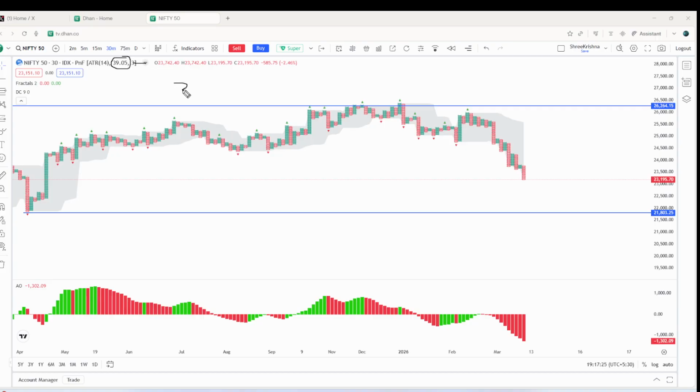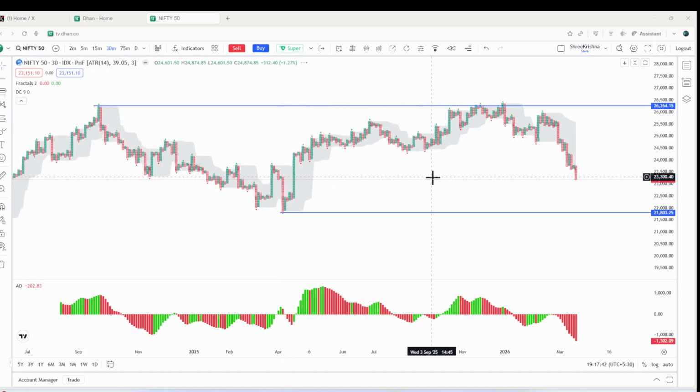That means 36 into 3, almost a 108-point stop. If it has the reversal, 3 bars have to come. So we use 30 minutes.